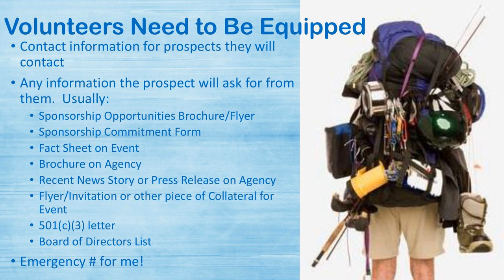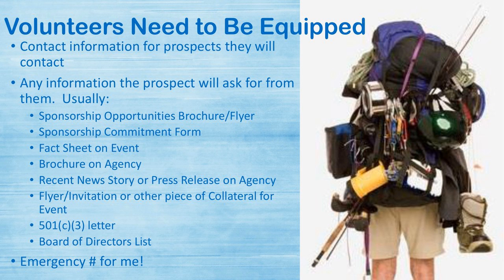So decide what things your volunteers are most likely going to need to be equipped to ask, and some of these things you're definitely going to need, and make sure that they have those. Maybe you want to provide them electronically on a flash drive. More and more often that's how I give them to volunteers these days.